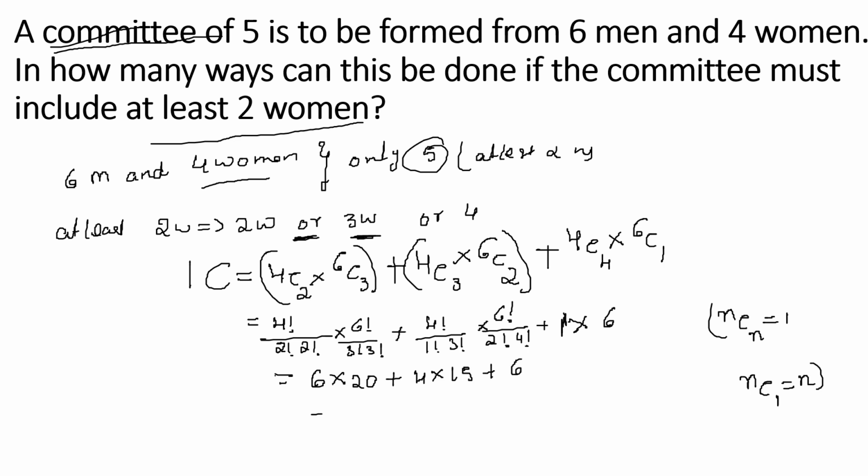So 6 into 20, 120, plus 60, plus 6, total is 186 ways of selection can be done.